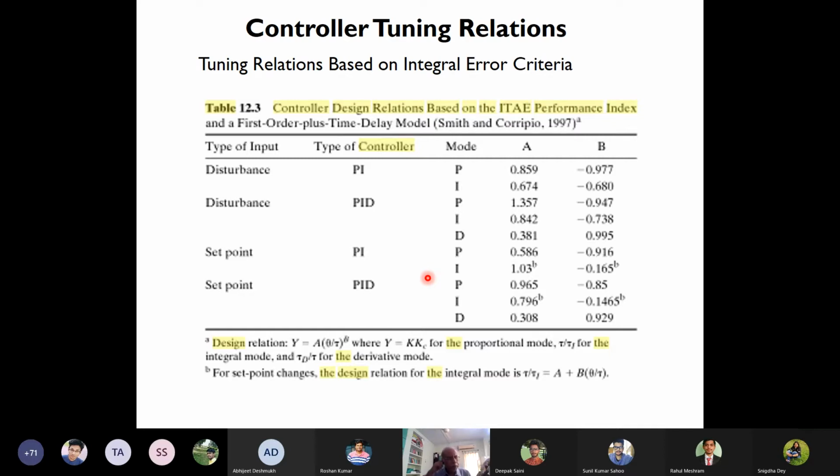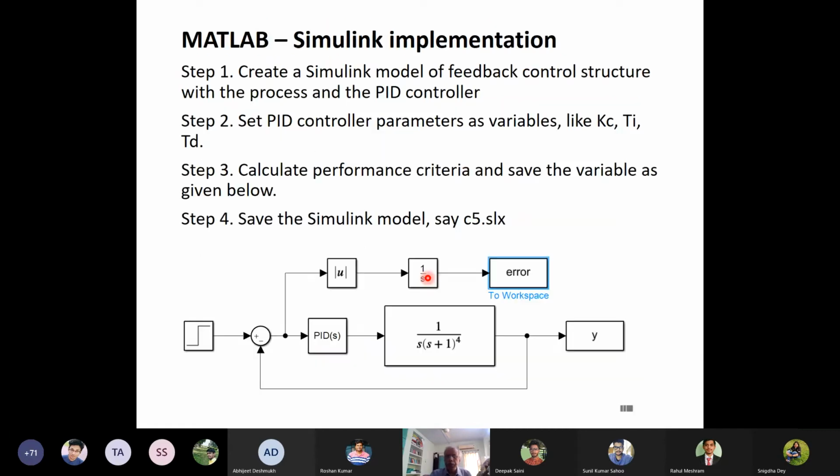But for your own process also, you can do the controller tuning yourselves. Here, I will give you one example of how we can do it in a MATLAB Simulink model. So let me discuss one MATLAB Simulink implementation of developing PID tuning parameters using an optimization technique.